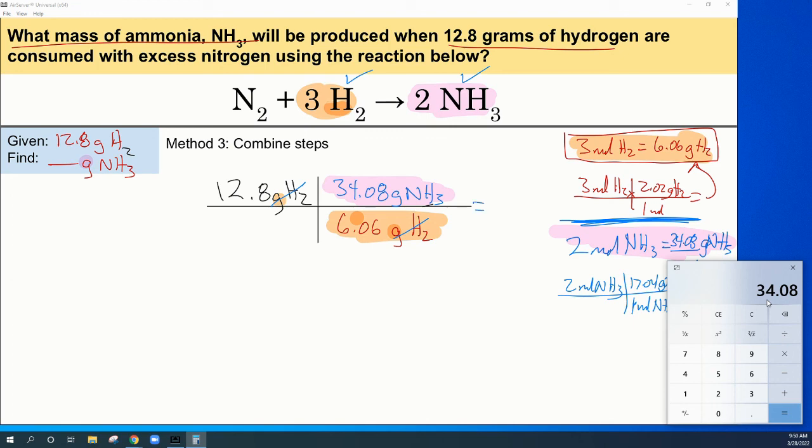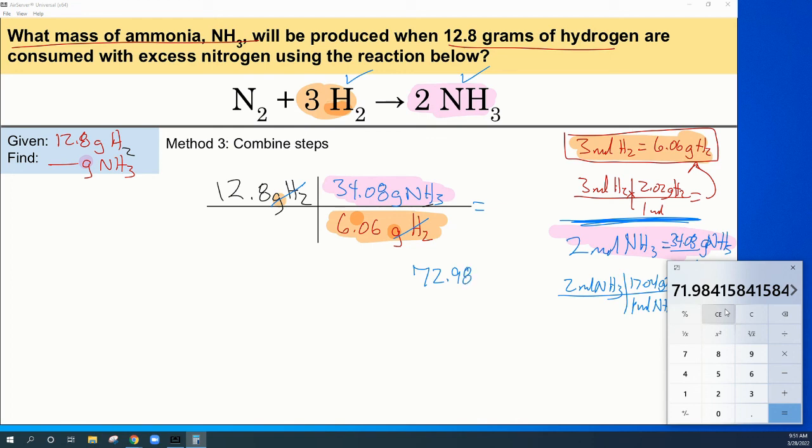I do my work on my calculator, and literally what I'm going to do is 12.8 times 34.08 divided by 6.06. And I'm going to get, lo and behold, the same answer.